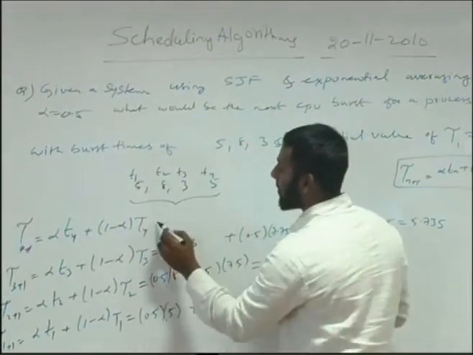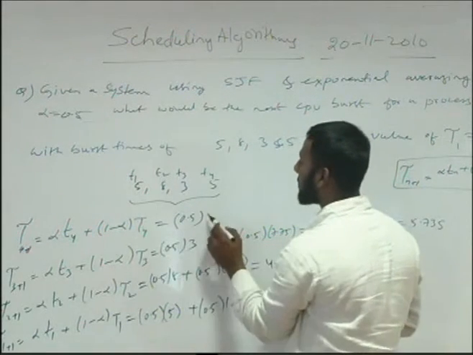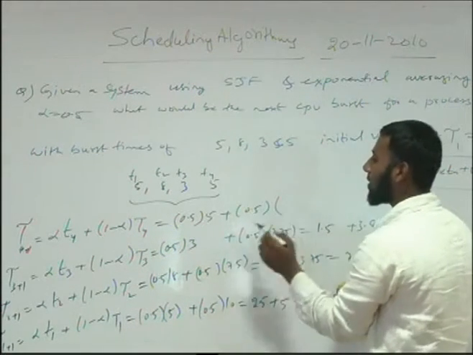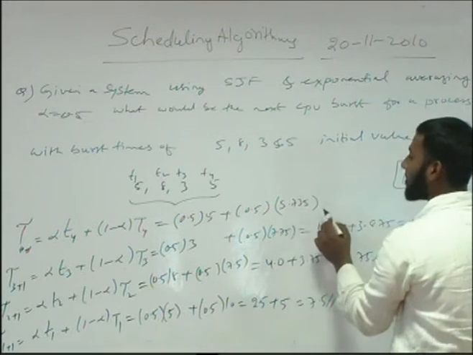So, the alpha value is 0.5. Now T4 is 5, and 1 minus alpha, 0.5, is tau 4, which is equivalent to 5.375.